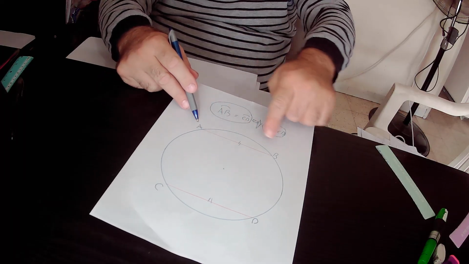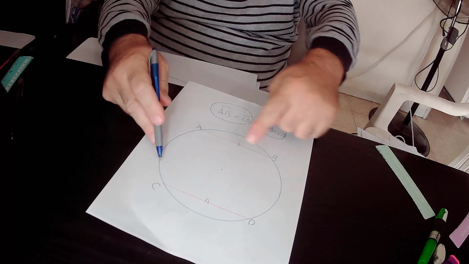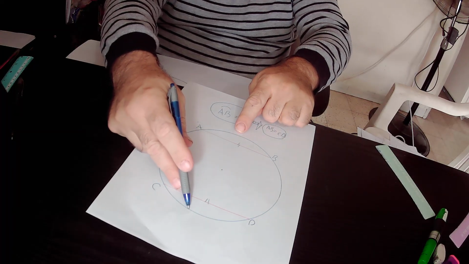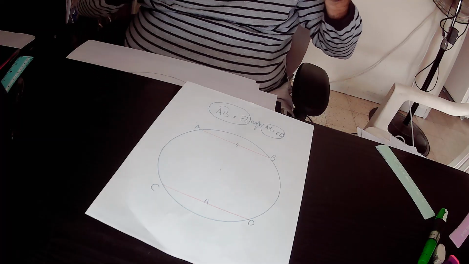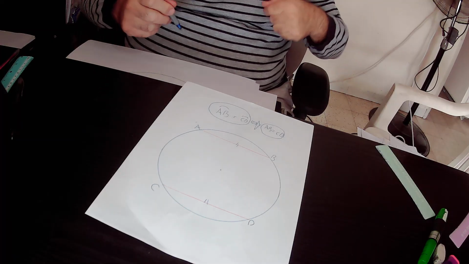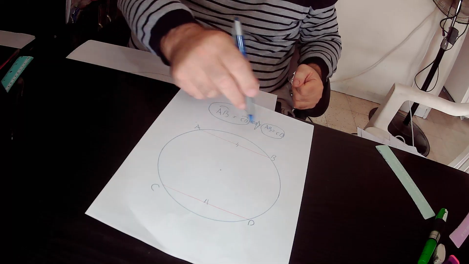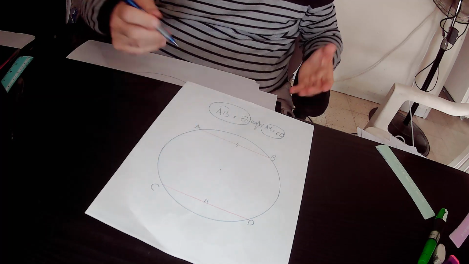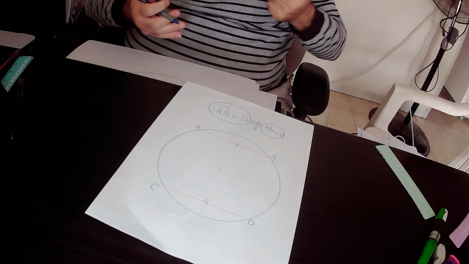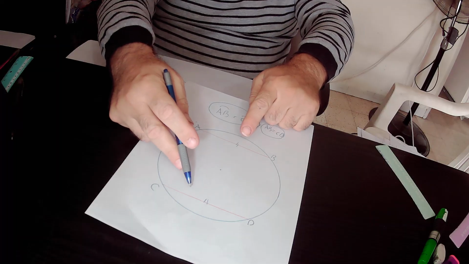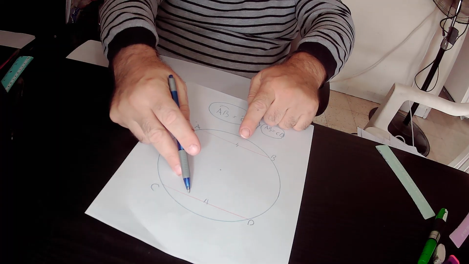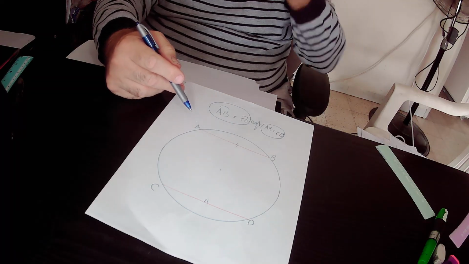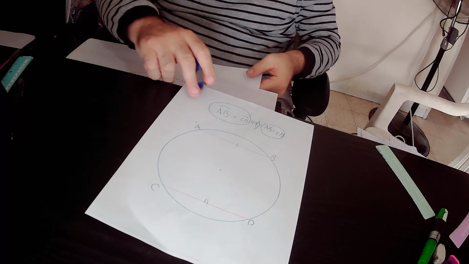This is arc AB, equal to this arc CD in length. So those two arcs are equal to each other, and therefore their corresponding chords must also be equal in length. The corresponding chord of this arc is AB, and the corresponding chord of this arc is CD. According to rule 56, those two corresponding chords must also be equal in length. That is to say, chord AB equals chord CD. So we can actually implement rule 56 in our drawing.